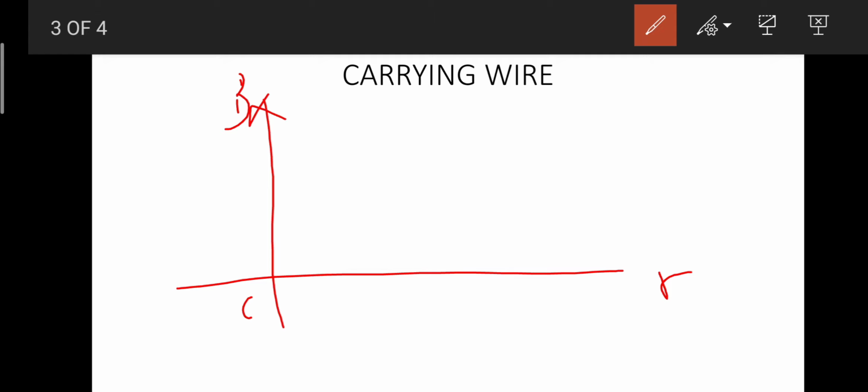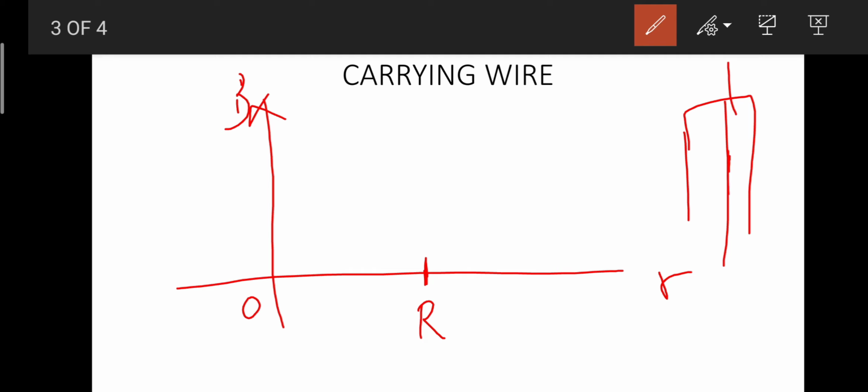This is the origin. Consider that this point r is outside the conductor. There is definitely a point which is lying on the surface. This point is known as R, and 0 is the axis. If you remember the whole figure which we have discussed earlier, this is the 0 point, the axis, the surface is capital R, and this external point is known as small r.